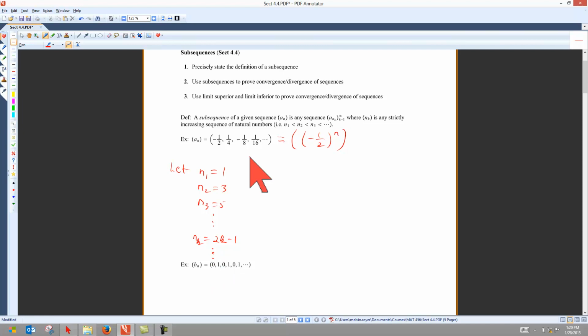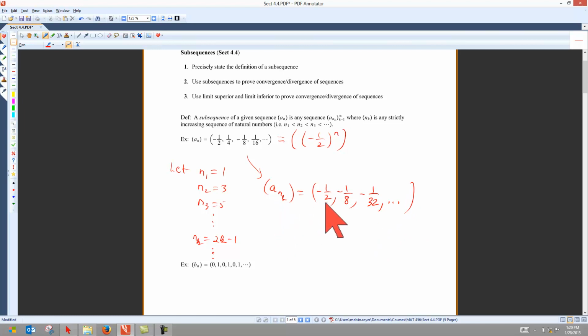So then, from the original sequence, we can talk about the subsequence, a sub n sub k. And what values are in that sequence? Well, the first term of the original sequence, so minus a half, and the third term of the original sequence, so minus an eighth, and the fifth term of the original sequence, so minus 1/32, and so on.